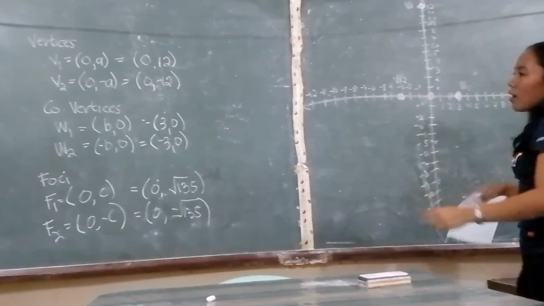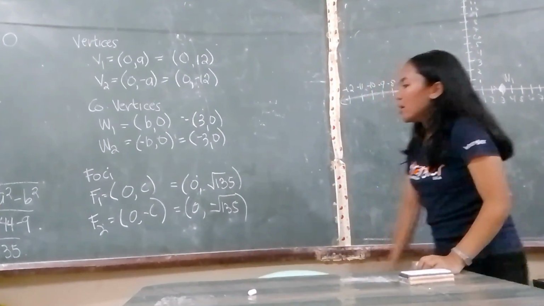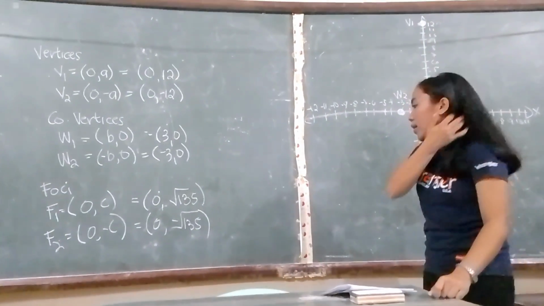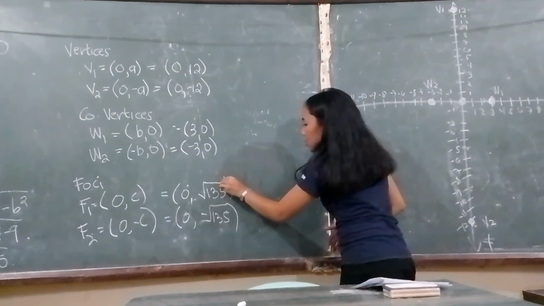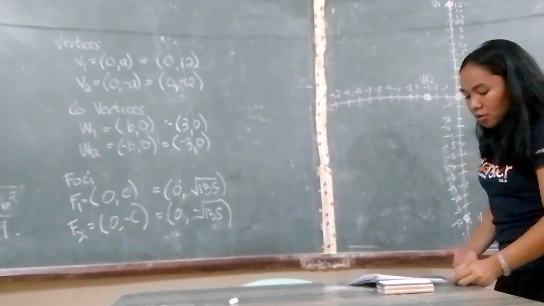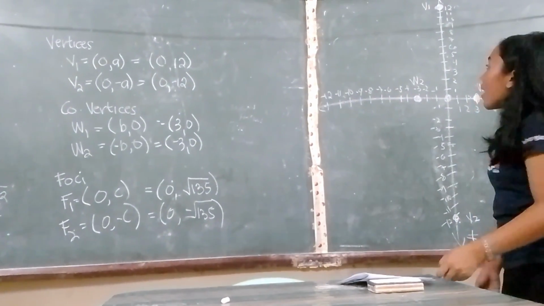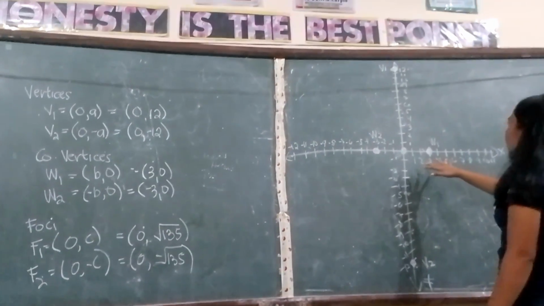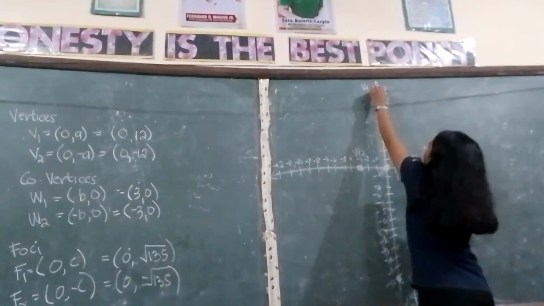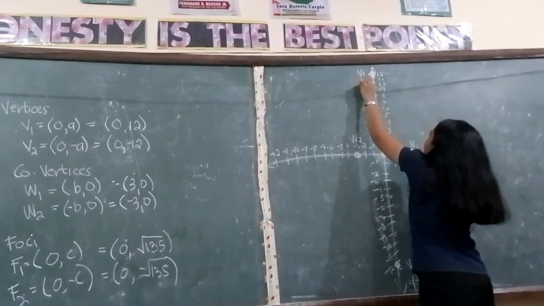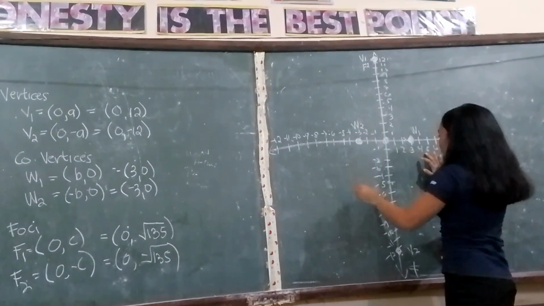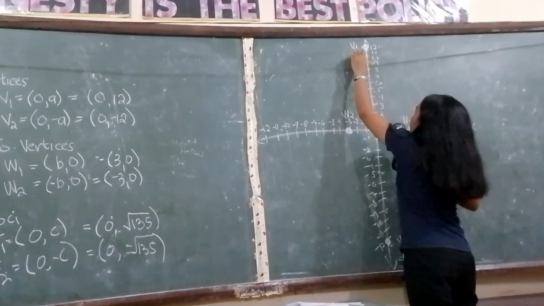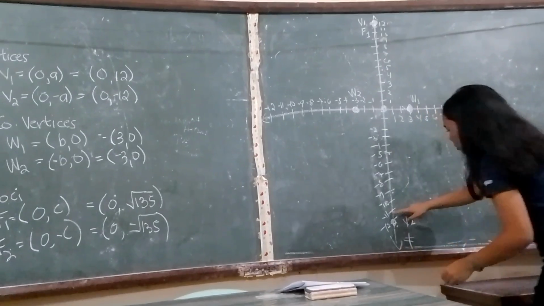And for our foci, we have 0 and square root of 135, and if we calculate this square root of 135, it approximates to 11.62. So we have 0 and 11.62, so it must be here, which is our F sub 1, and our F sub 2 must be here.